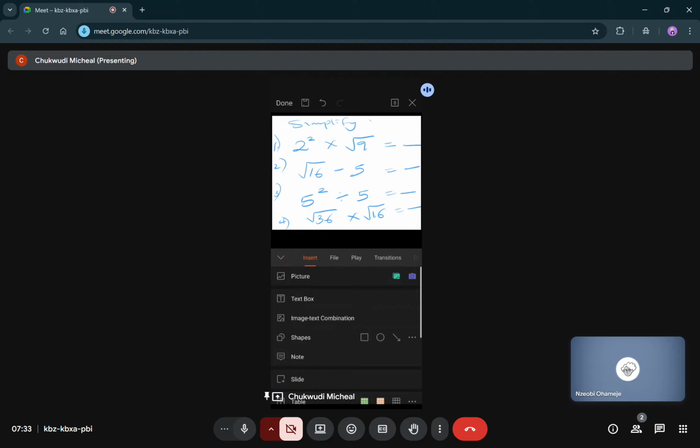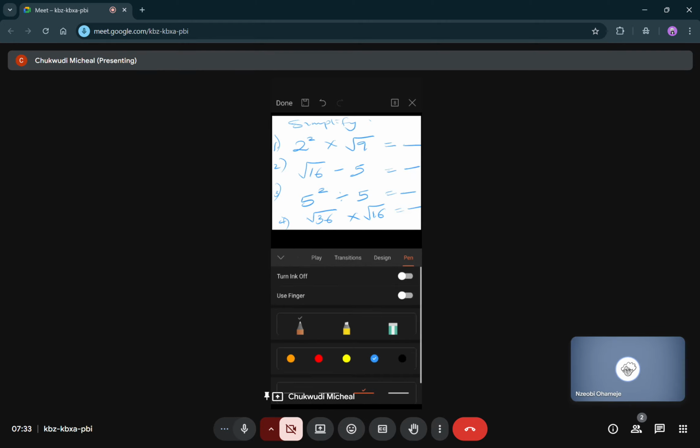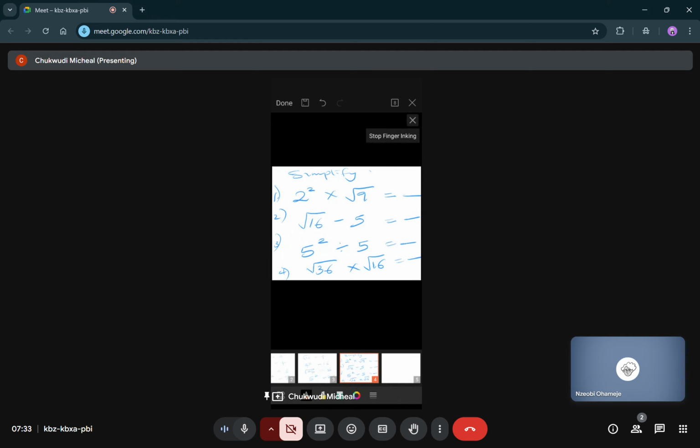Square root of 16 minus 5. So go to the table. The square root of 16 is 4. Are you seeing 16 minus 5 there? You're seeing square root of 16.